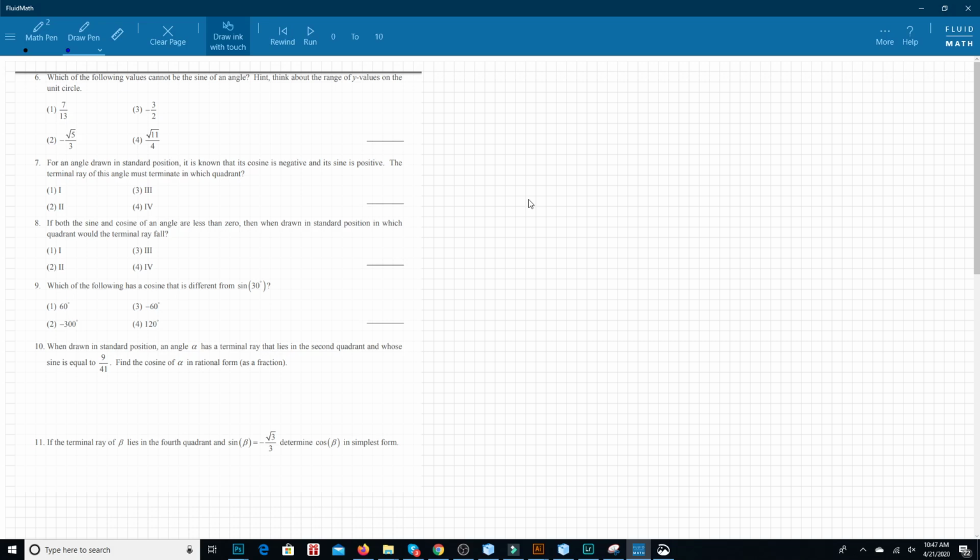We want to know which one cannot be the range. Think about the range of the y value.